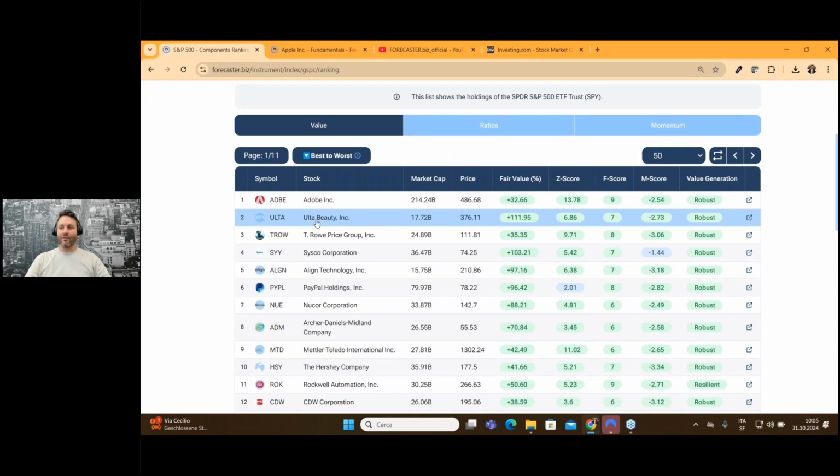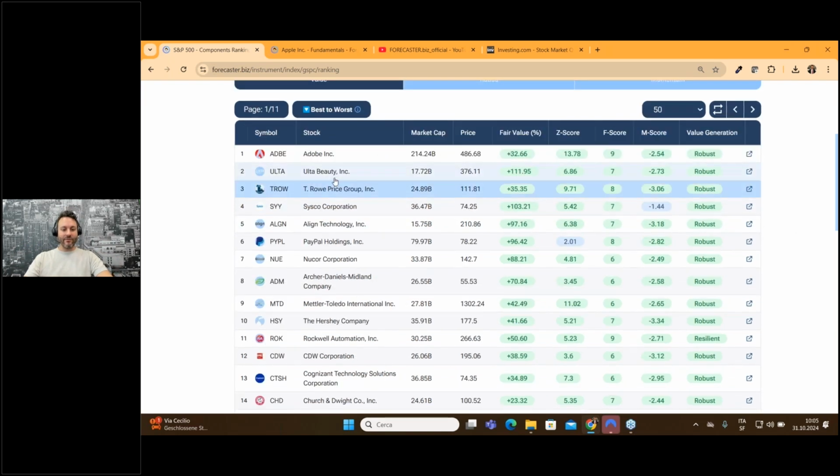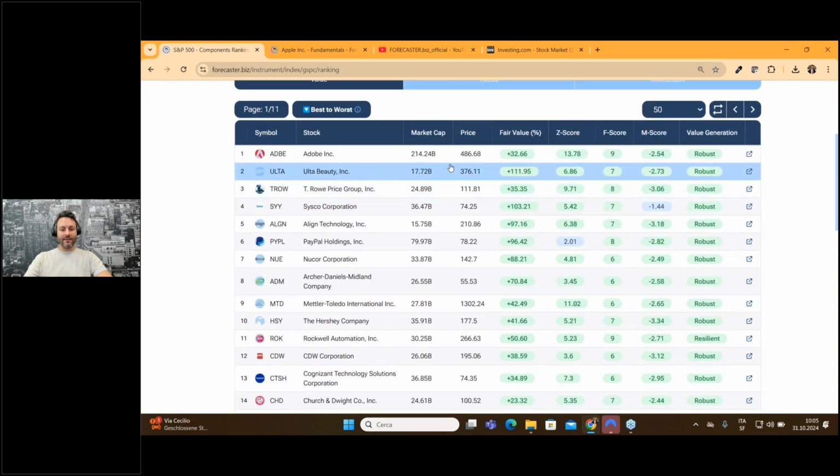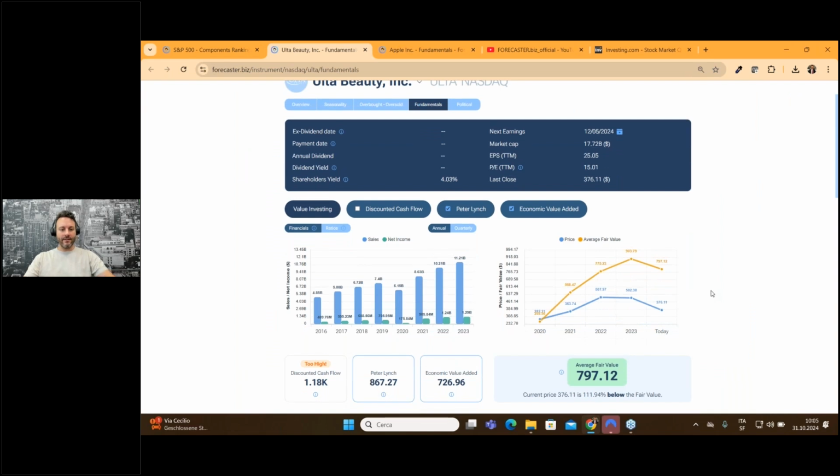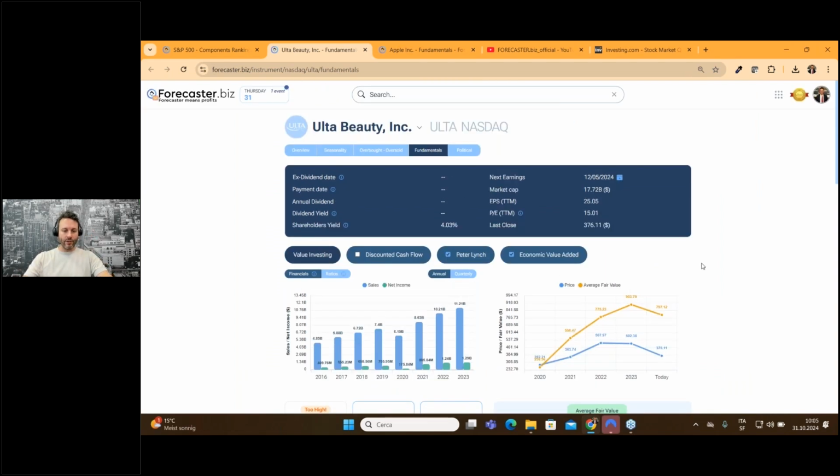Of course, we cannot say Warren Buffett is using the Forecaster terminal. I'm joking, of course, but we are very happy because it means that for sure this company is undervalued. And if you click on this button, you can find the specific page for ULTA.